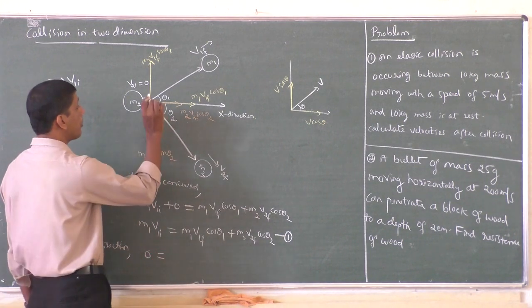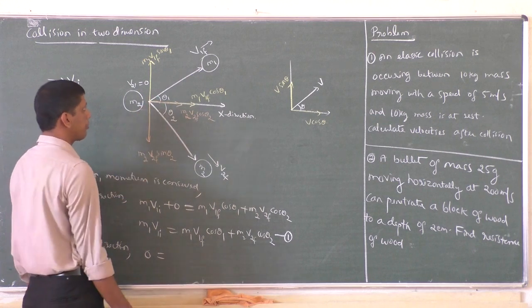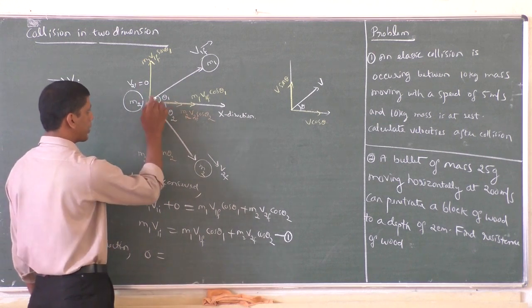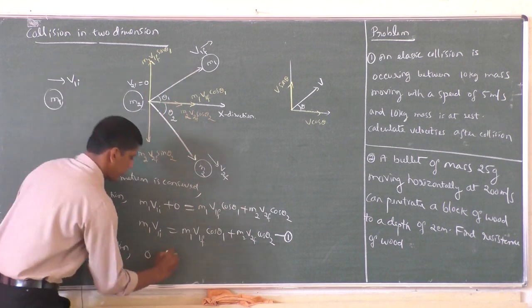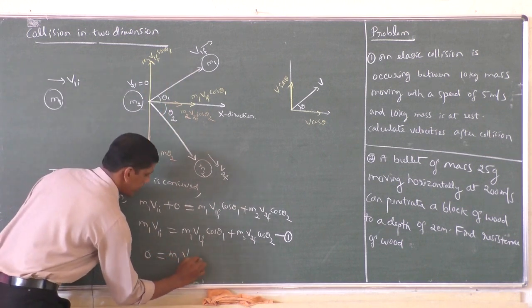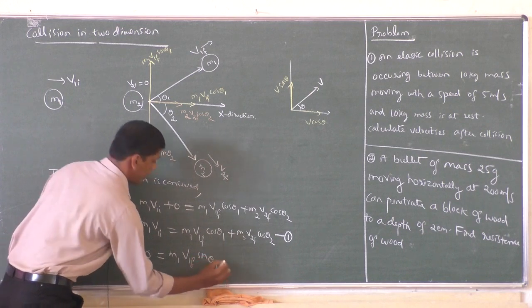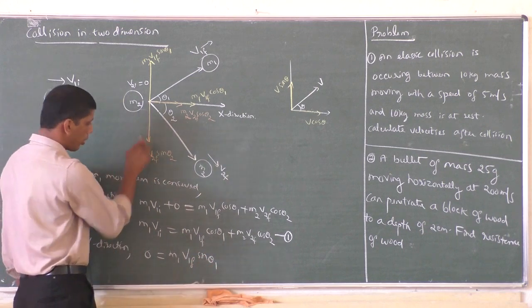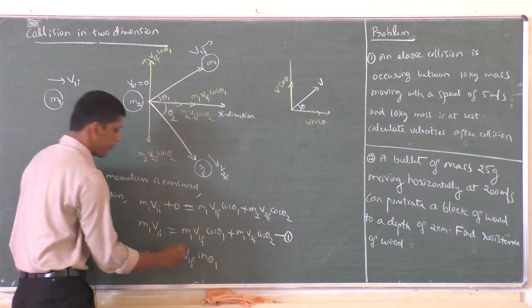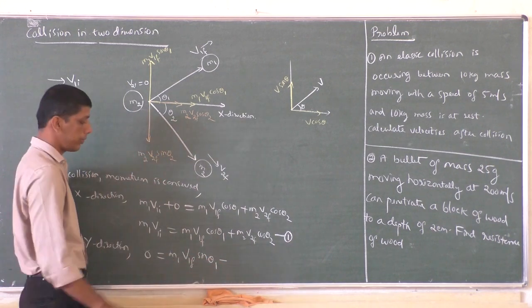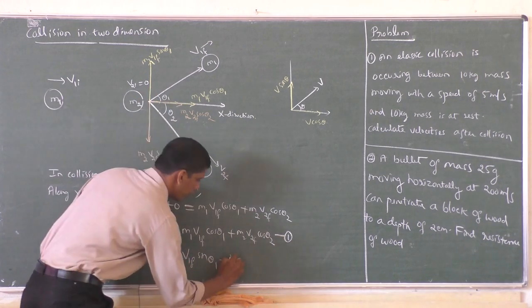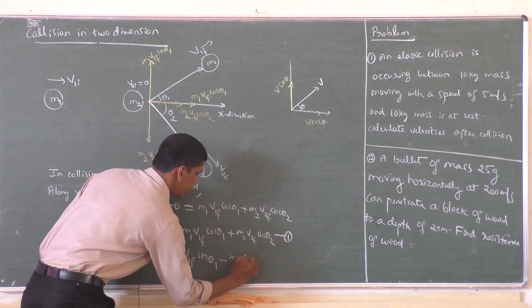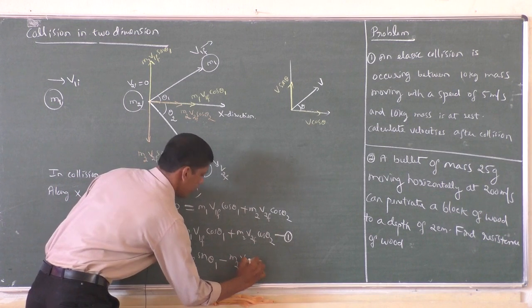And what is the total momentum after collision along the y direction? The first body will have momentum along the y direction like this: m1 v1f sin theta 1. Another momentum is opposite to the first one, so we have to put a minus sign. We are not adding them; because the two are opposite, a minus sign comes. So m2 v2f into sin theta 2.